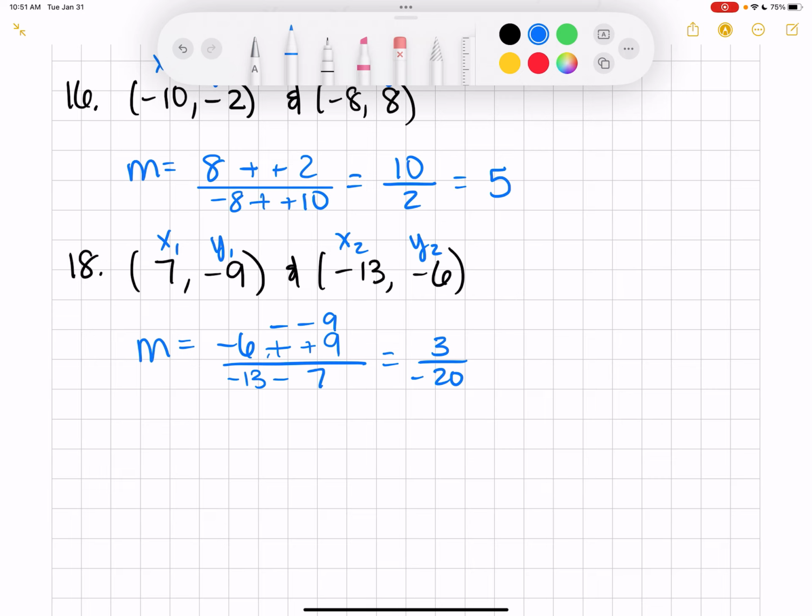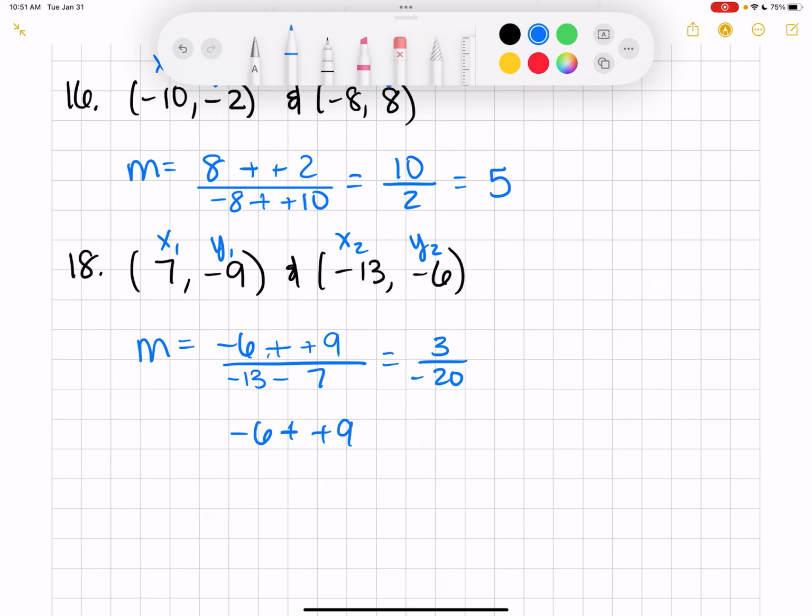Minus a negative, two negatives become a positive. The formula has a minus in it. This number is -9. Negative times negative is positive, so that has to change to a positive. So then it's negative 6 plus 9.